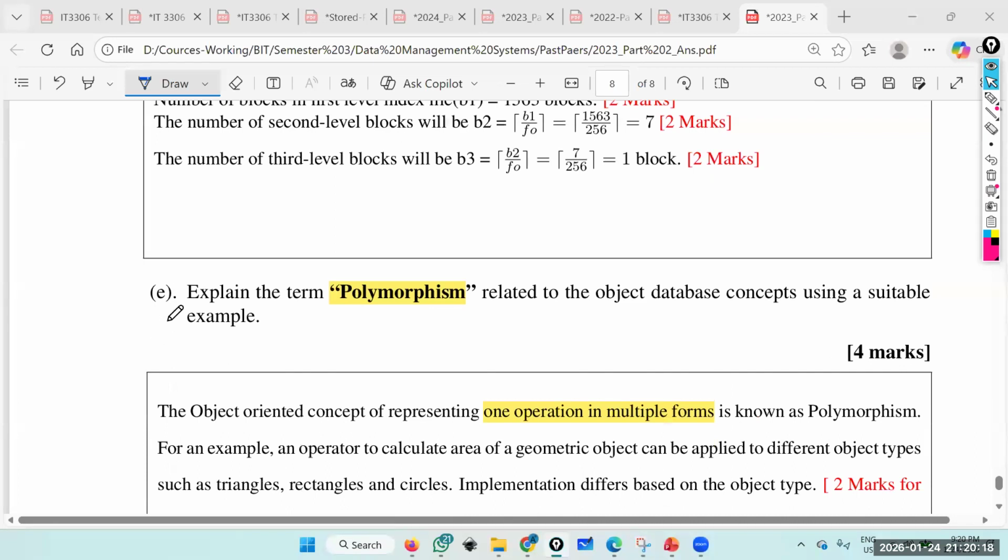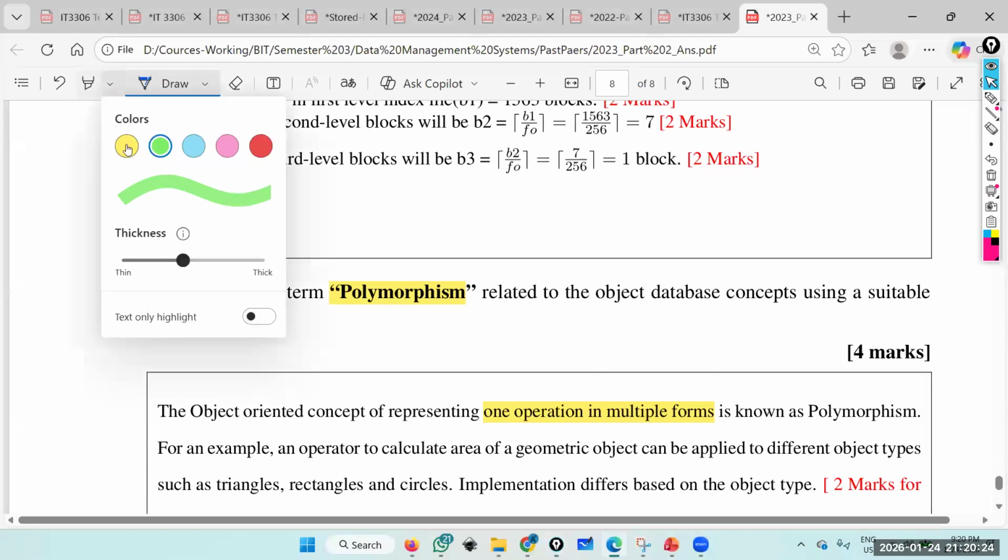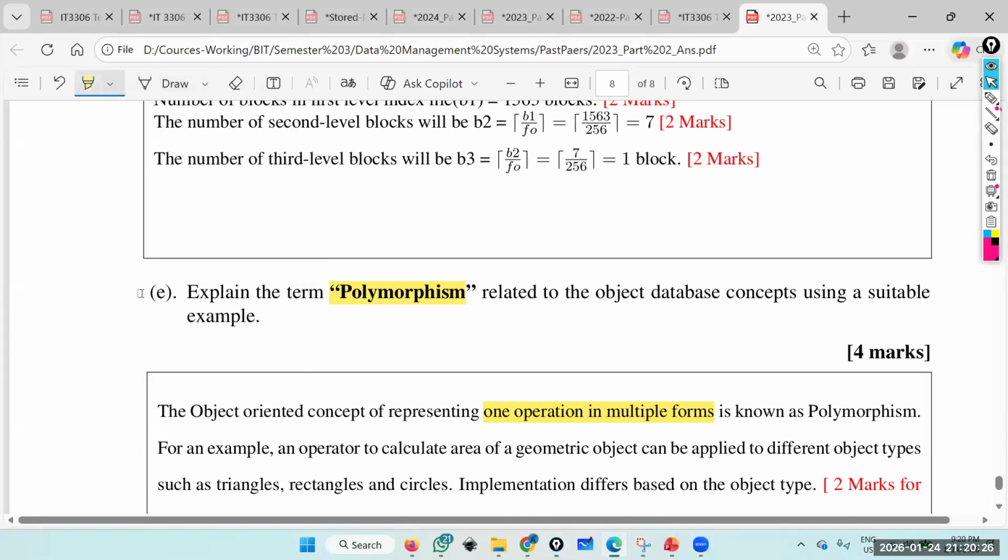We can do this one, right? Object databases. Right. So we can do that because we did that part in the morning. Explain the term polymorphism related to object database concept using suitable example. So remember polymorphism you can take as method overloading or overriding, right?